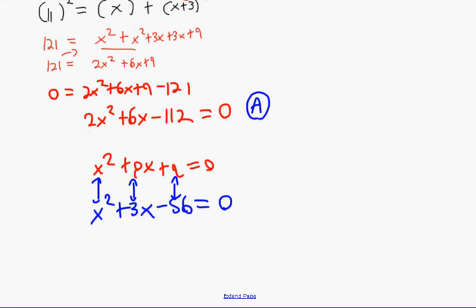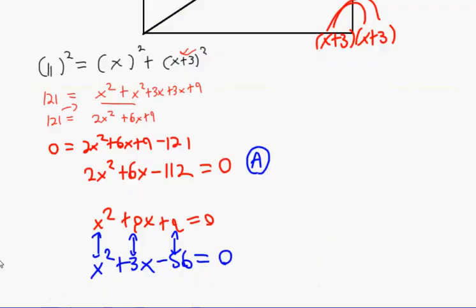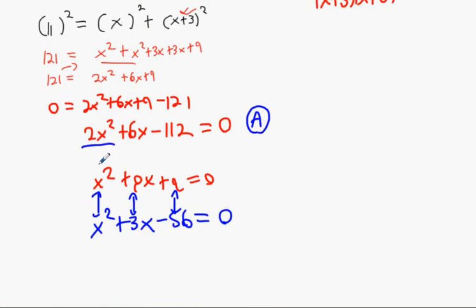When I compare, I was told that this equation here represents the equation you should get when you do Pythagoras' theorem. When I did Pythagoras' theorem, I got 2x squared, and I realized, wait a minute, I meant to get an x squared. So I realized that all these numbers are divisible by 2. Because they're divisible by 2, I then turned it into x squared plus 3x minus 56 equals 0.